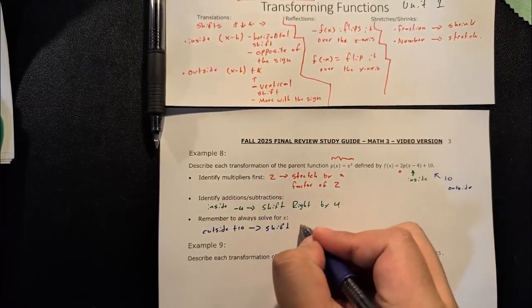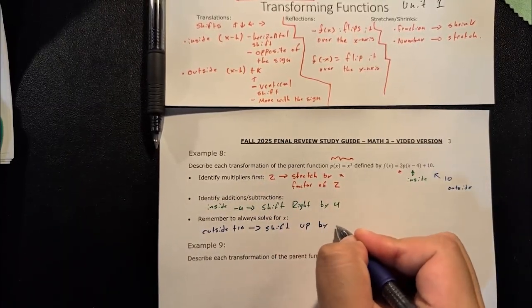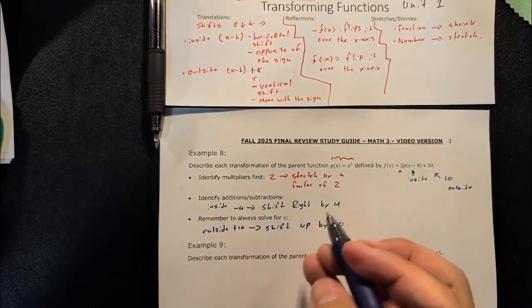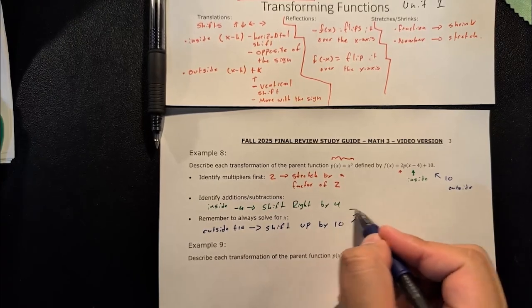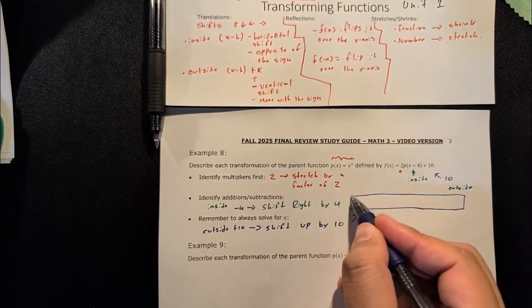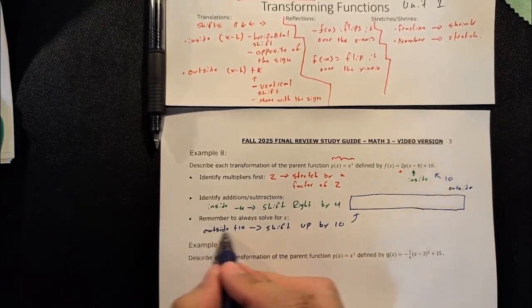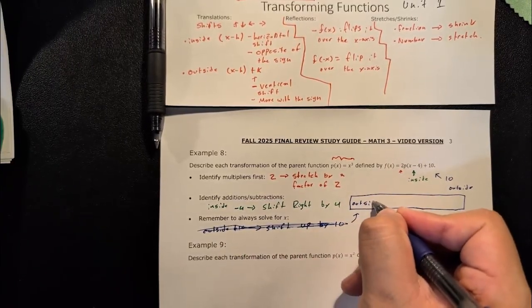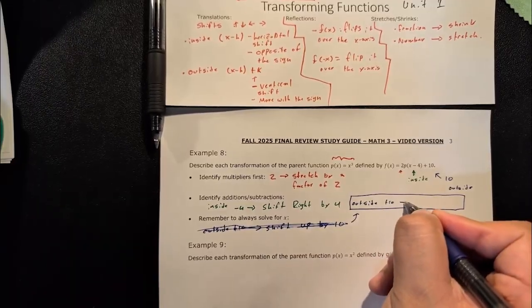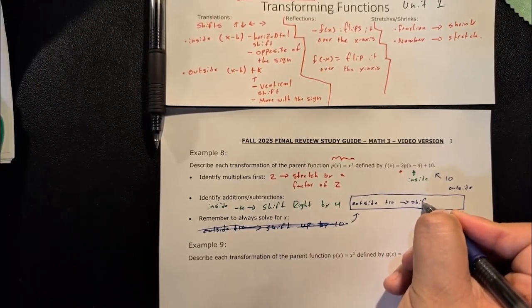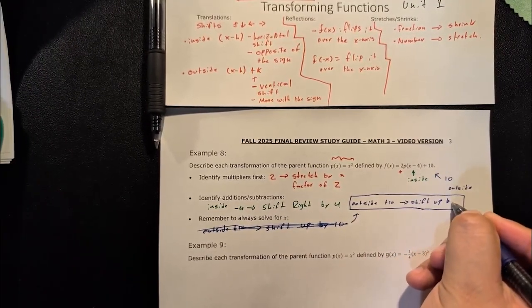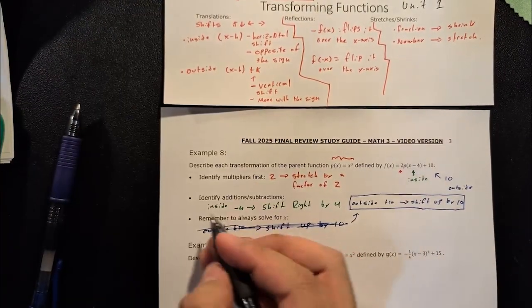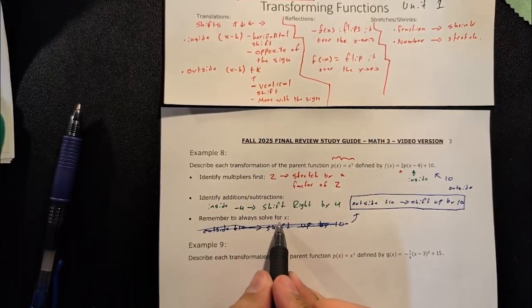So shift up by 10. Oh, sorry, this goes right here. Outside plus 10, shift up by 10.